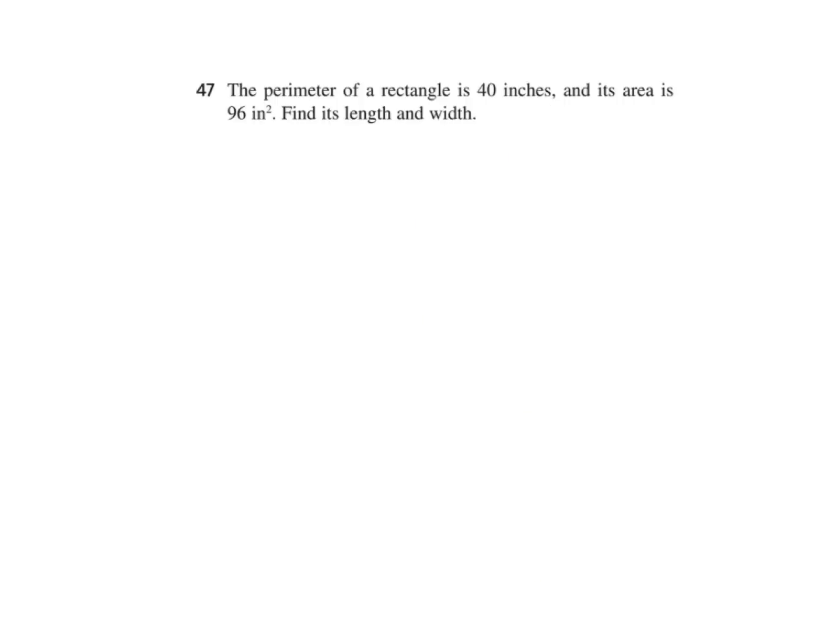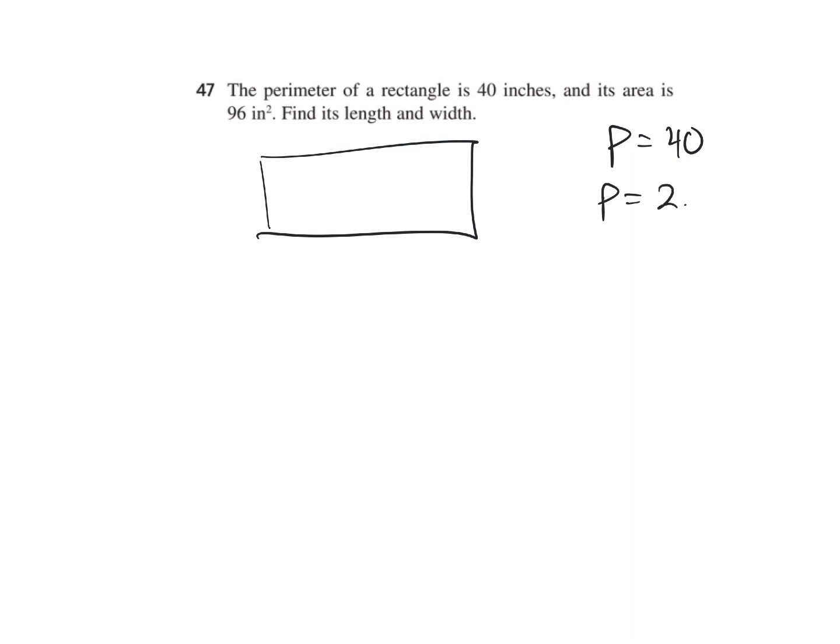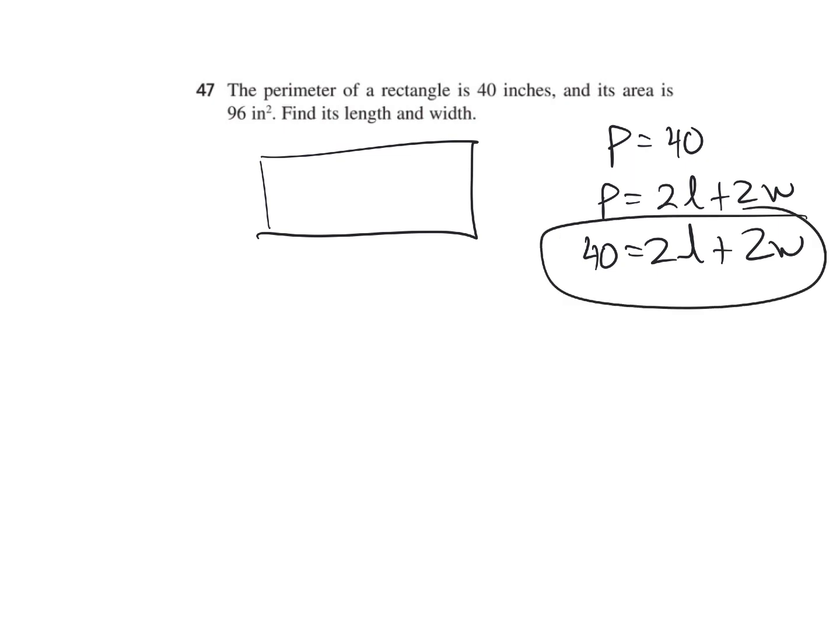And now 47, the perimeter of a rectangle is 40 inches. So perimeter is 40 inches. Rectangle, that's the perimeter equals 2 times the length plus 2 times the width. So that equals 40. So there's one equation right there. And it's area.